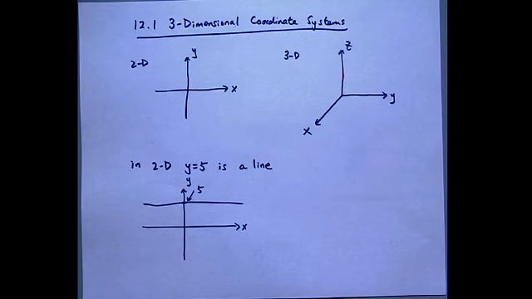So in other words, we want to collect all the possible points that look like (x, 5, z). We don't constrain what x and z are, but we constrain what y is equal to.